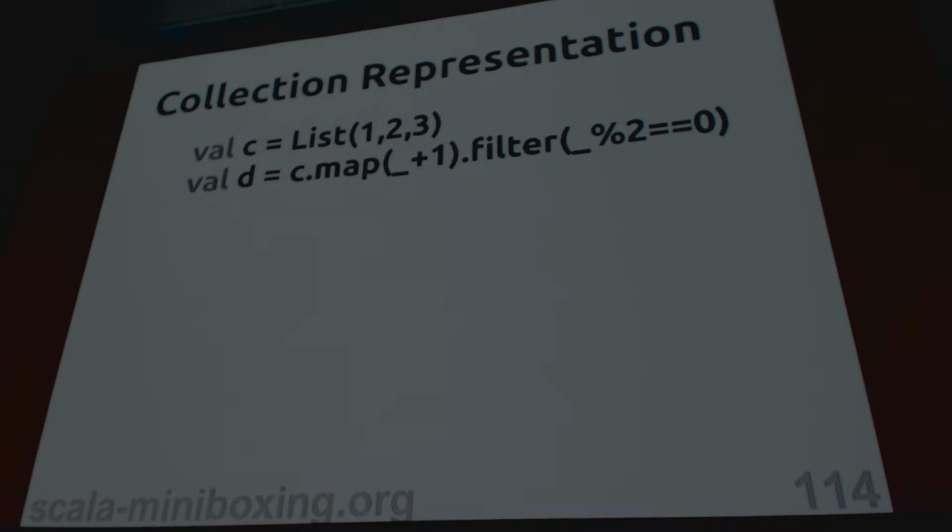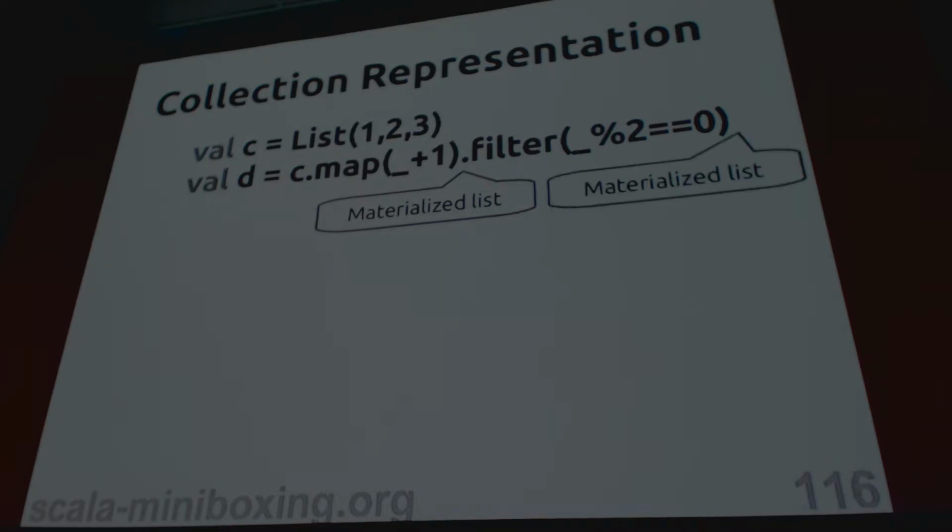So for example, let's take this code with a list of 1, 2, 3, a very simple list with three elements, and then map and filter, right? In this code, after the map, you need to materialize the list. And depending on your code, C, the original list, might become garbage, so it will not be necessary anymore. And after the filter, you will need to materialize once again, creating more garbage.